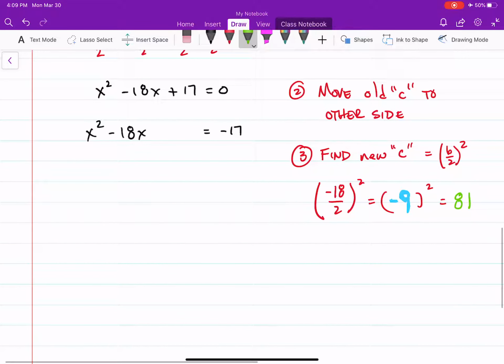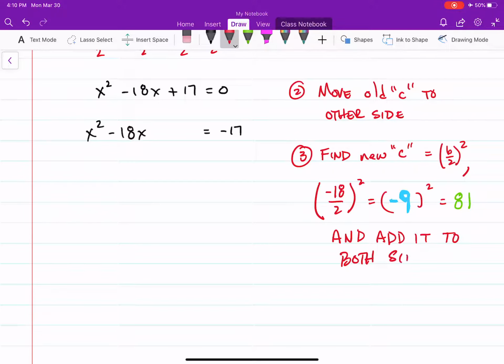Now, I want to find a new c, and add it to both sides.